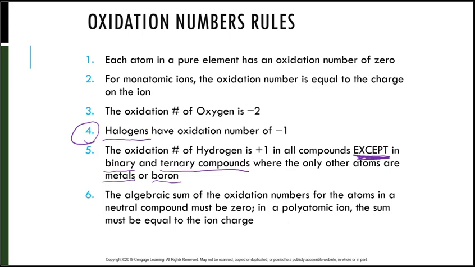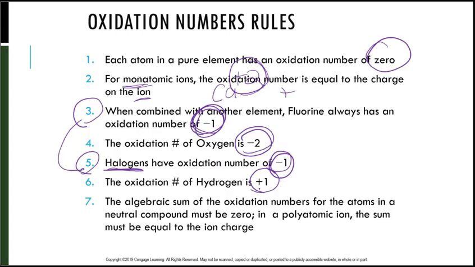And I'm going to show you an example of that later. And the sum of the oxidation numbers for atoms in a neutral compound must be 0. If it's in a polyatomic ion, the sum has got to be equal to the charge of that polyatomic ion.